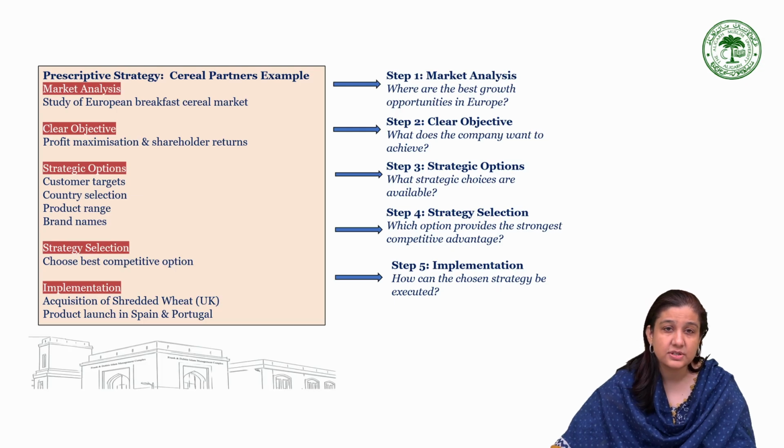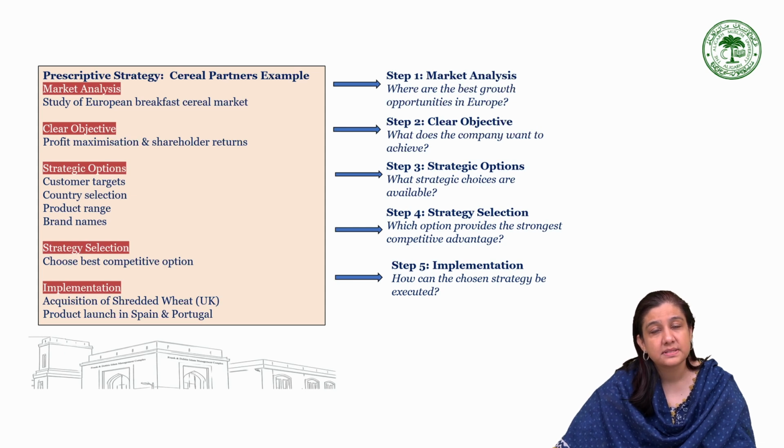The next stage is selecting the most appropriate strategy. Managers evaluate alternatives using criteria such as profitability, feasibility, competitive advantage, resource requirements, and risk levels. The selected strategy should provide the strongest competitive position.